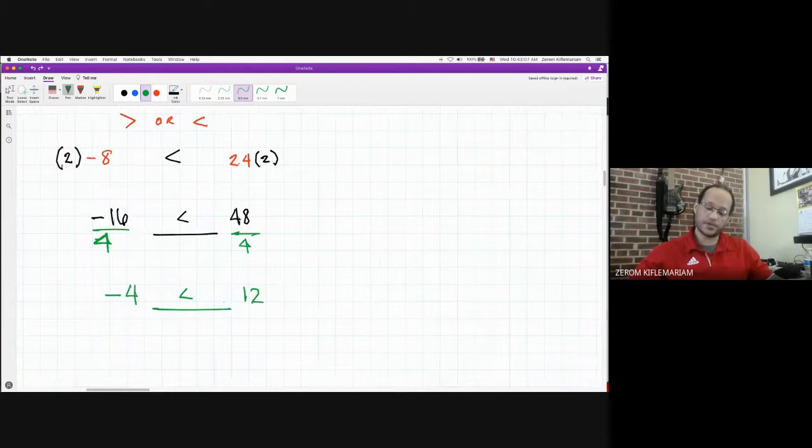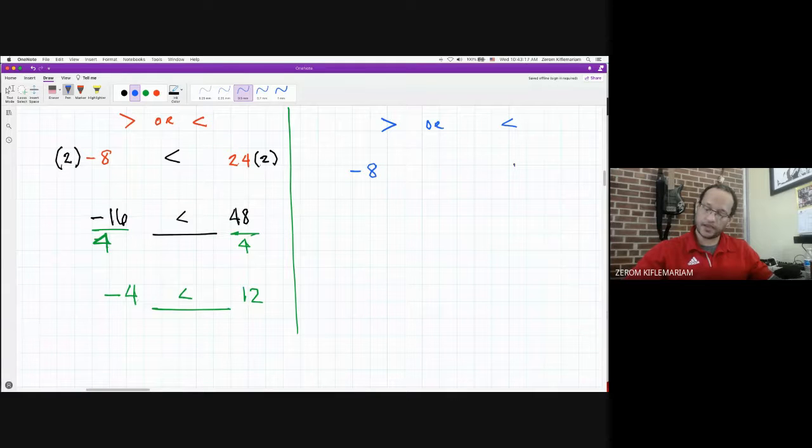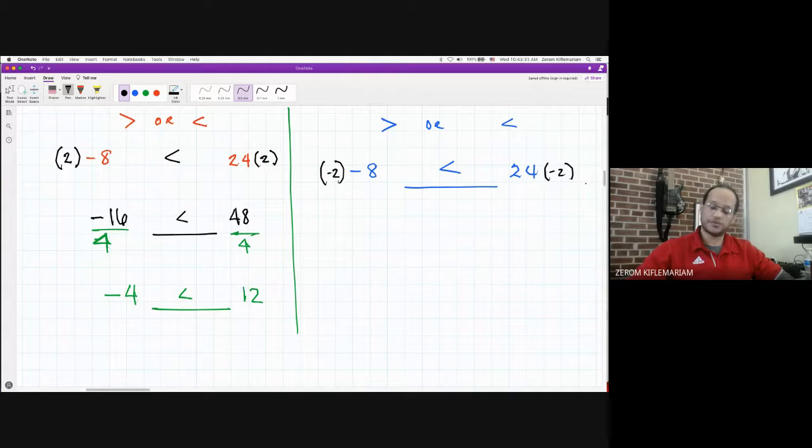But the same question, let's change it a little bit. I'm going to ask greater than or less than. So I have -8 and 24. What sign goes in between? Everybody said less than, right? But this time, if I multiply this by -2 and this by -2, negative and negative becomes positive 16. 24 times negative becomes -48. This time, what sign goes in between?